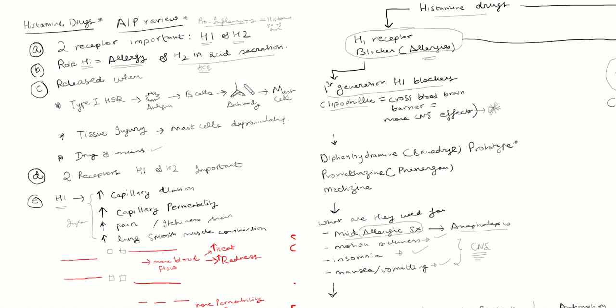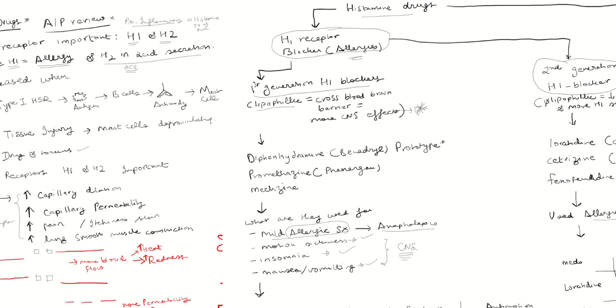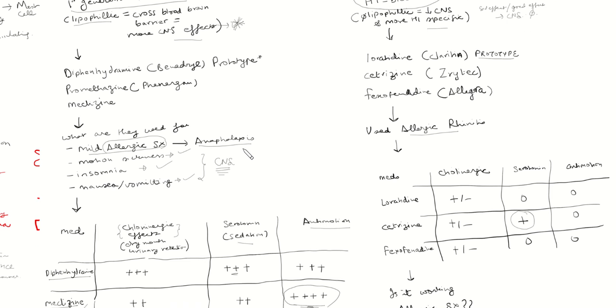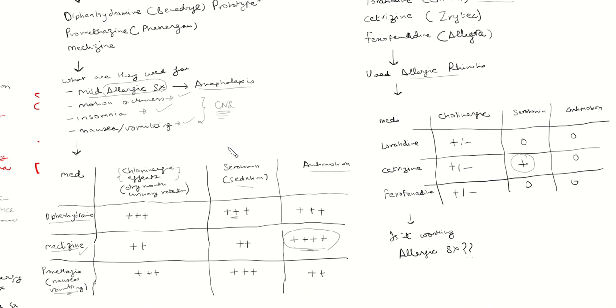Histamine drugs, the classification is two generations: the older generation, which is first generation, and second generation. The big difference is CNS effect with the first generation and no CNS effect with the second one. The first generation ones, because of the CNS effects, are used for motion sickness, insomnia, nausea, vomiting. You have diphenhydramine, meclizine, promethazine. Meclizine is more anti-motion.